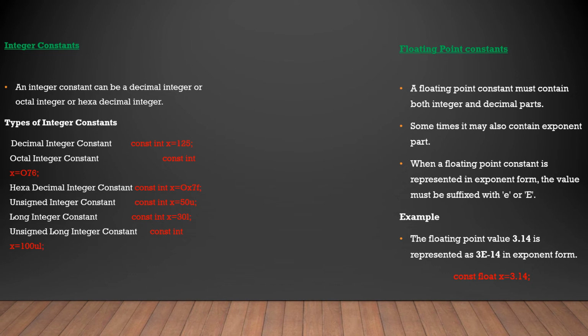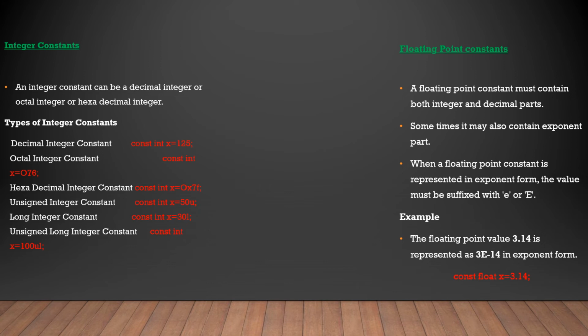Next, we have something called floating point constants. Floating point constants must contain both integer and decimal parts. Sometimes they can also be represented containing an exponent part. When we are writing the exponent part, it is always suffixed with the letter small e or capital E. For example, if you consider 3.14, how do we write it in exponent form?